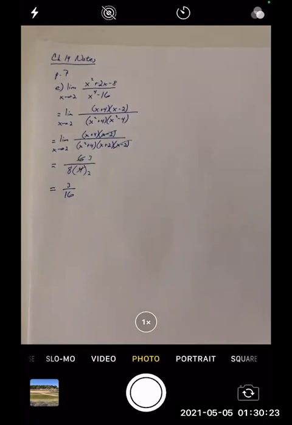That's not what I got as an answer. I got 1/8. Oh, I think I know. Yeah, there is a mistake in there. If you're looking at the key for the notes, that should have been a 2 + 2 in that denominator. Is that what your question is?